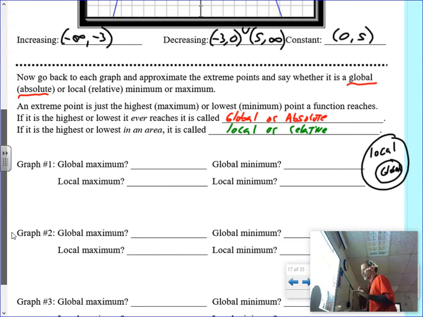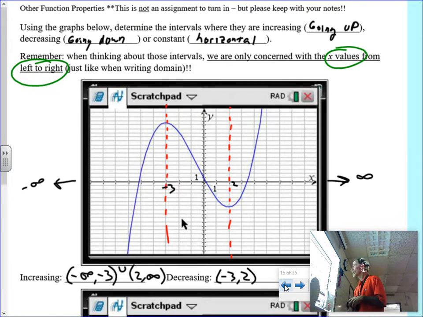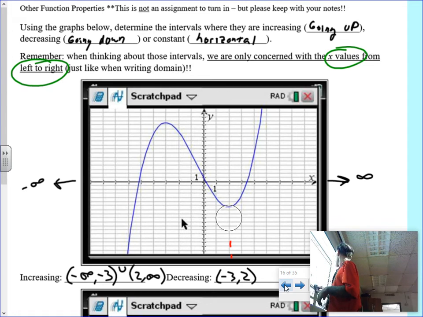Okay, so let's go back and take a look at the pictures real fast and label the different points that you see on the graph here. So I'm going to get rid of my lines. And so this point right here is definitely a maximum, so that's pretty easy to see. But now, is it local or global? You just ask yourself, does the graph ever get higher than that? And it definitely does, because it keeps on going forever up that way.